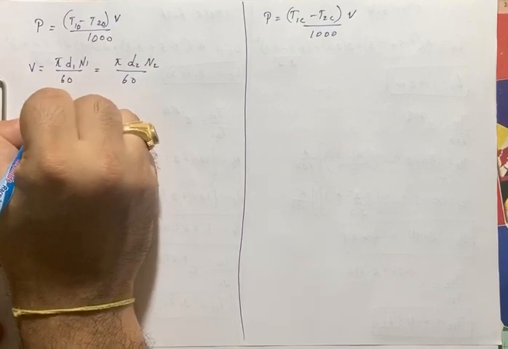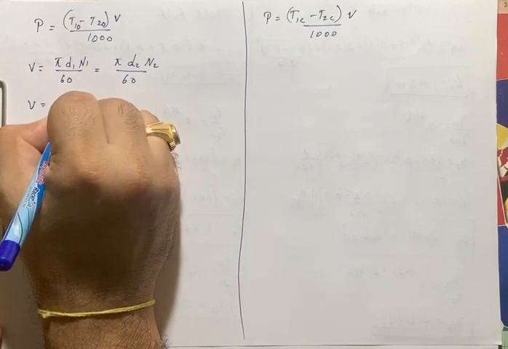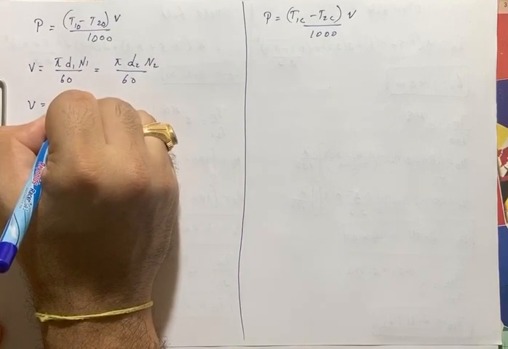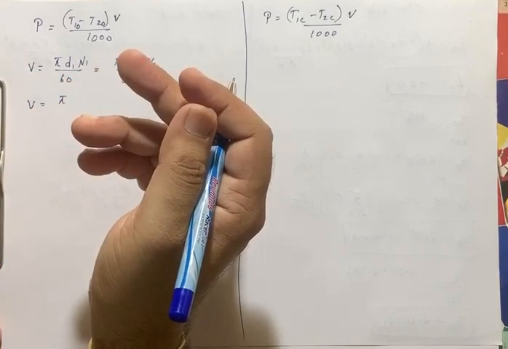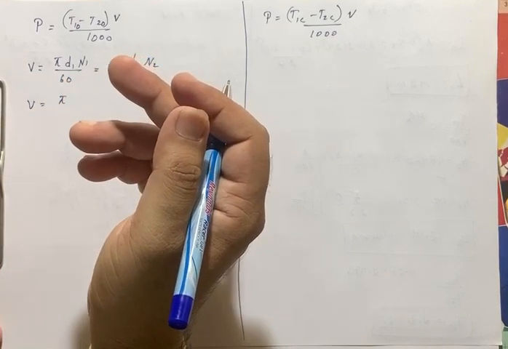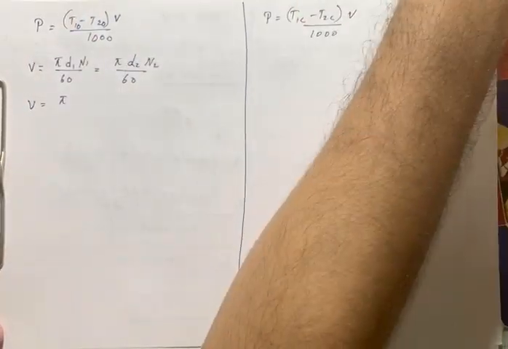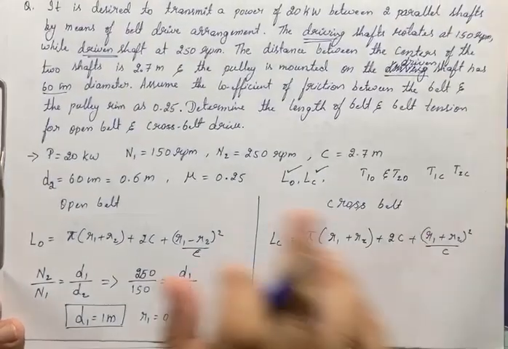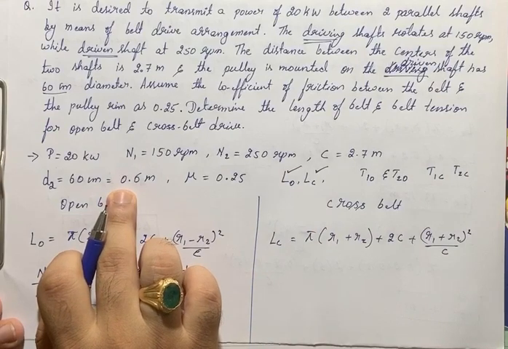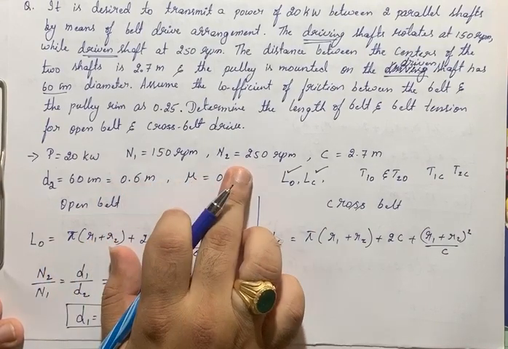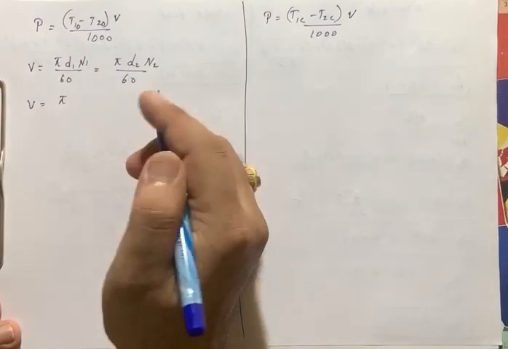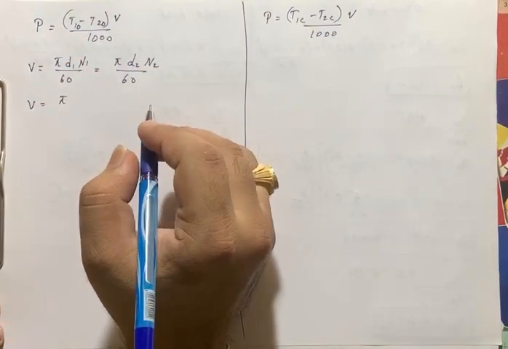So, V is pi into d1. D1 is the diameter of any, you can choose either the driver pulley or driven pulley here. So, if I choose the given diameter here, D2 I will choose, because this is given, D2 is 0.6 and N2 is 250 rpm.